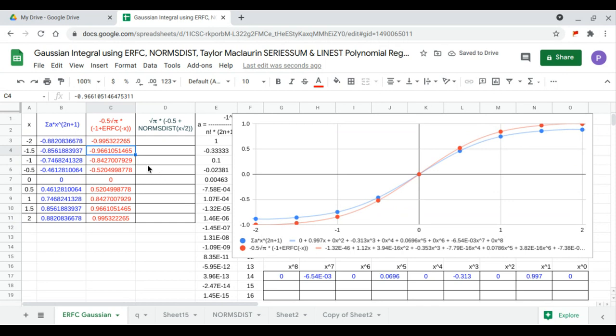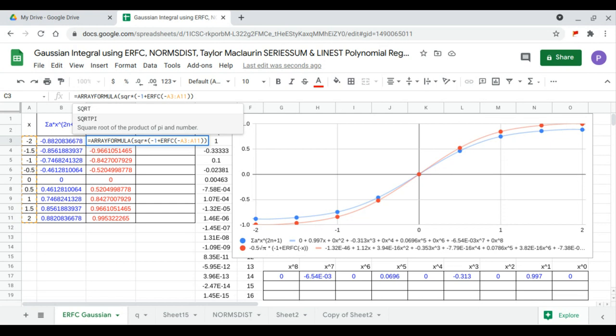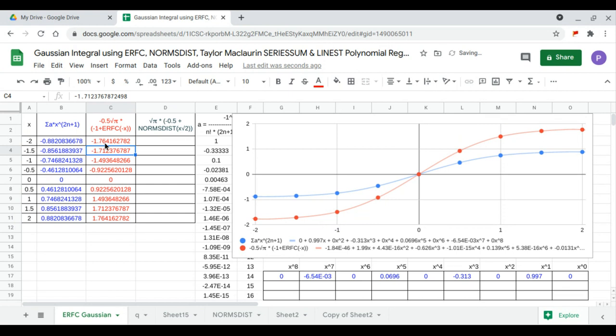And finally, there is a square root of pi, so you factor in square root of pi. And there is 0.5, so multiply again with 0.5.